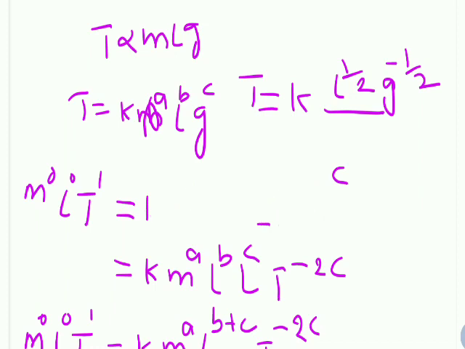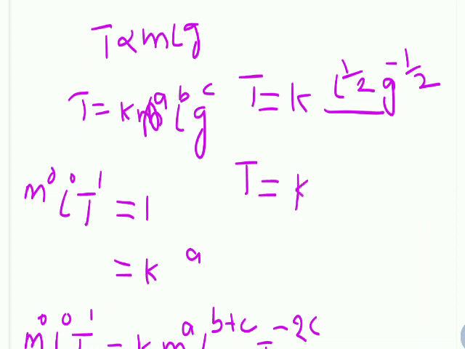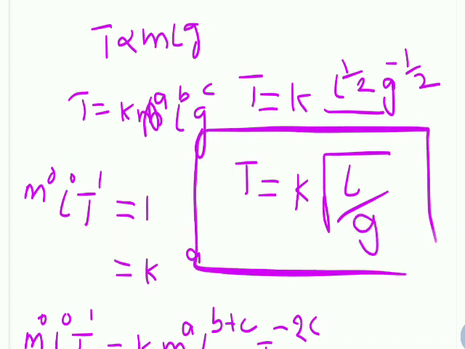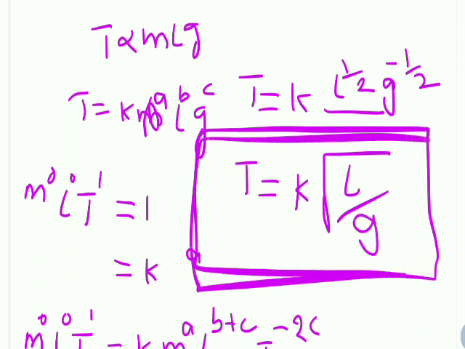This can be written as T is equal to K into under root L by g. This is the simple pendulum time period formula.